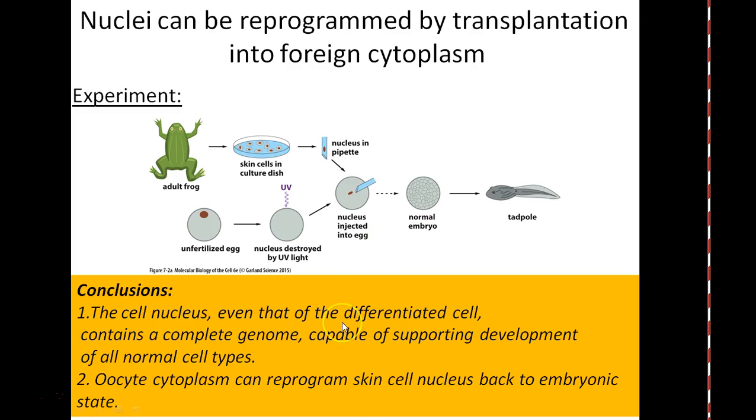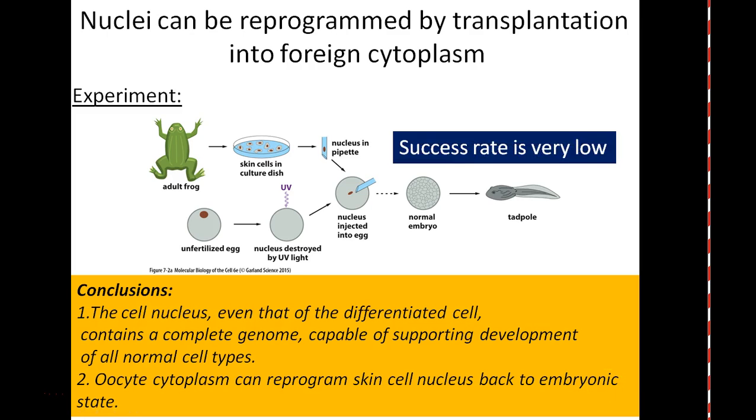So the cell nucleus, even though it's in a differentiated cell, contains a complete genome. So the information is there, and it's capable of supporting development of all normal cell types. And in this experiment, they demonstrated that oocyte cytoplasm can reprogram a skin cell nucleus back to an embryonic state.